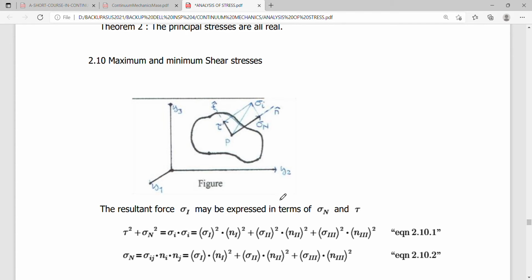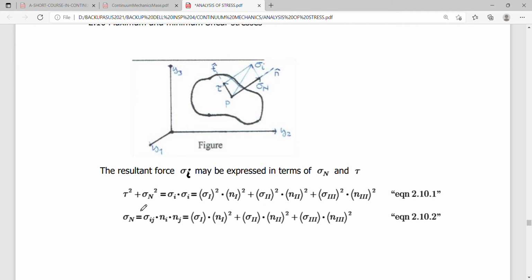So the resultant force sigma I may be expressed in terms of sigma n and tau, upon which by simple resultant equation, or Pythagorean relations, we take note that tau squared plus sigma n squared is simply equal to the stress vector sigma I defined by a specific stress tensor.